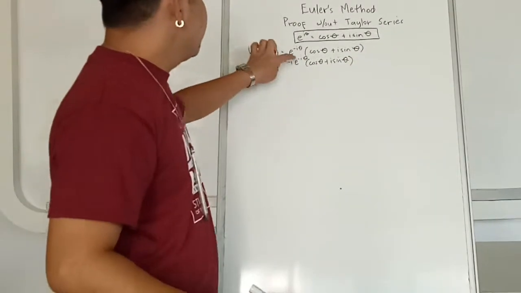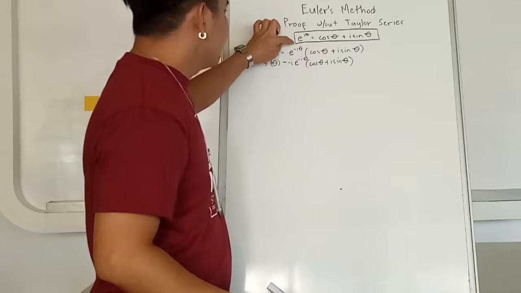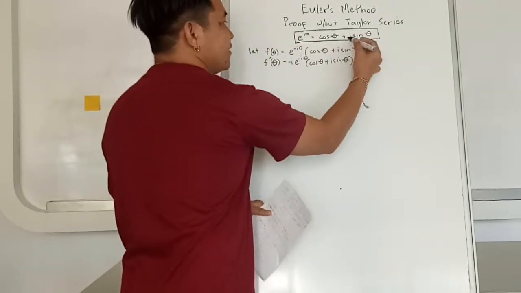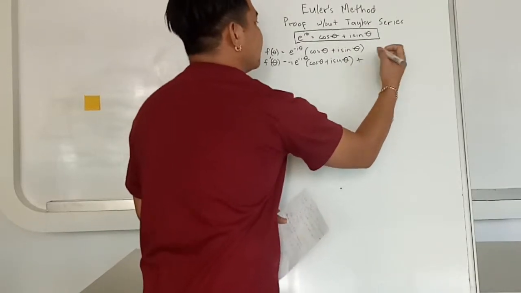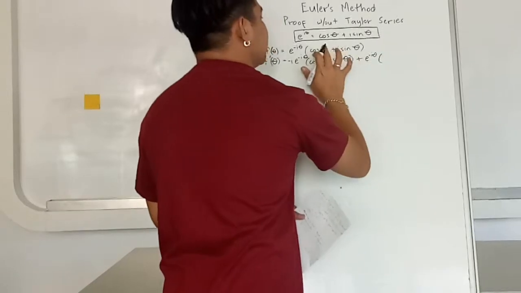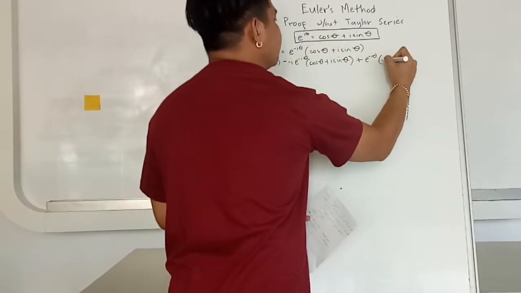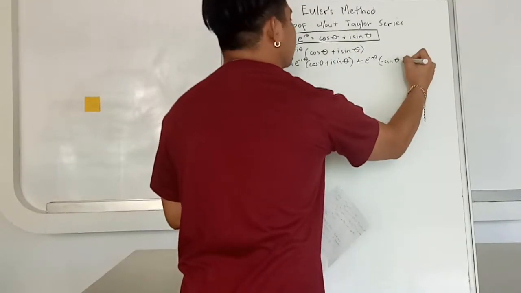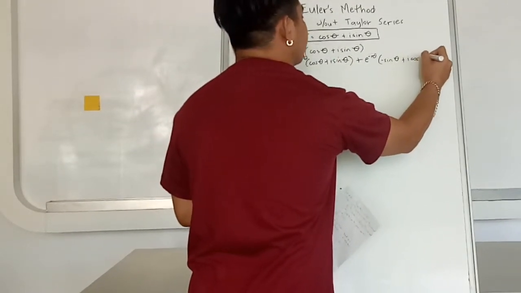So we derive this one, and then for the next part we differentiate this one, e to the i theta. The derivative of cosine is negative sine theta, and the derivative of sine is plus i cosine theta.